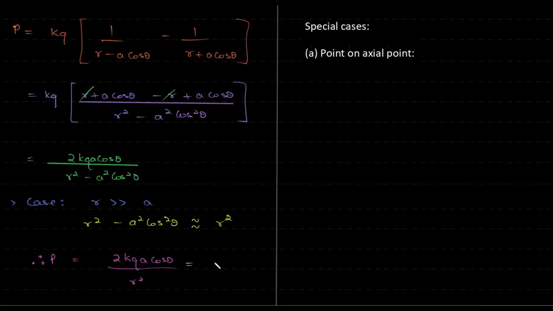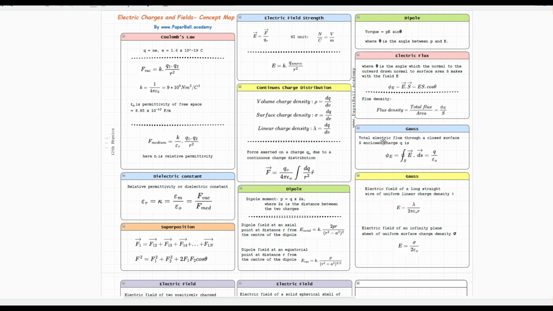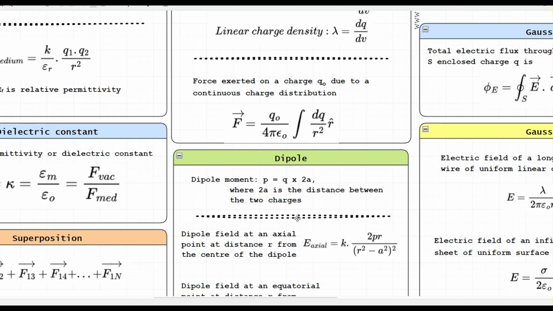But what is 2AQ? Think about it. Let me help you guys with that. 2AQ is dipole. I don't know if you guys are able to see now.